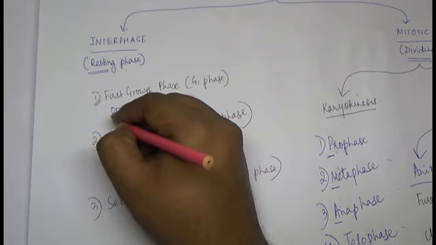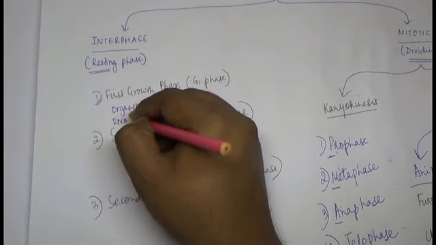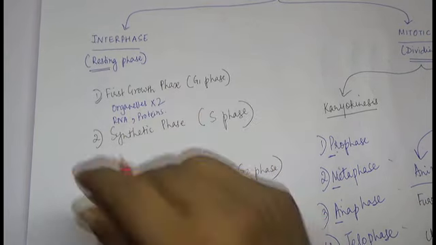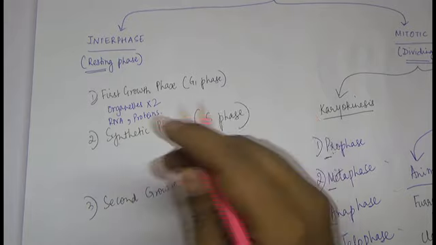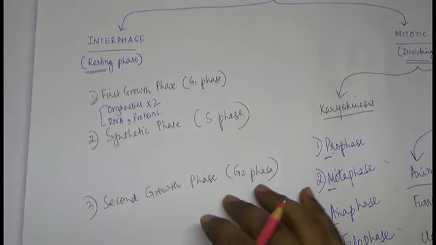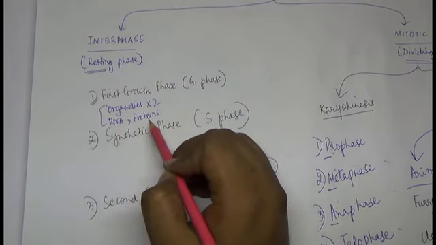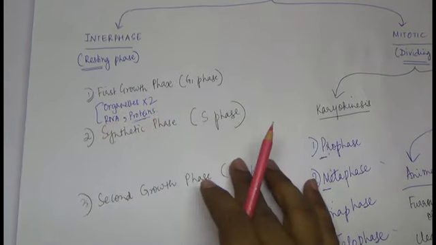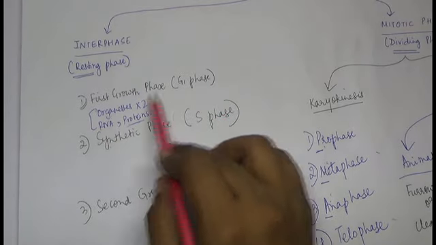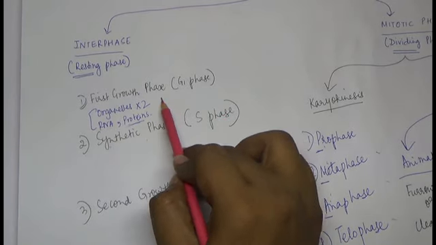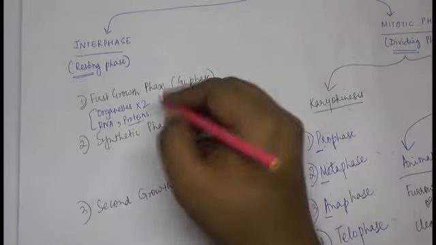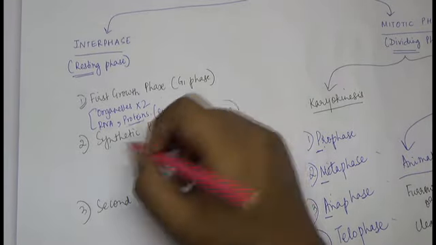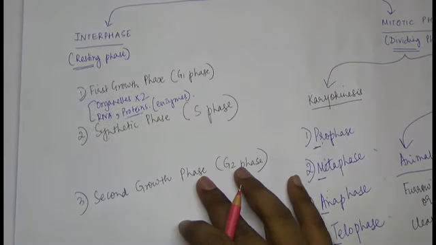And RNA and proteins which are required in cell division will be produced. As we know, from RNA we get proteins with the help of this process called translation. Clear? So in the first growth phase, organelles will be doubled in their number, and all the proteins, basically all the enzymes which are required for cell division will be produced here.